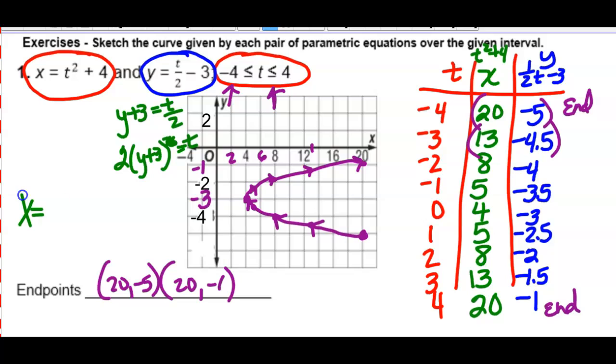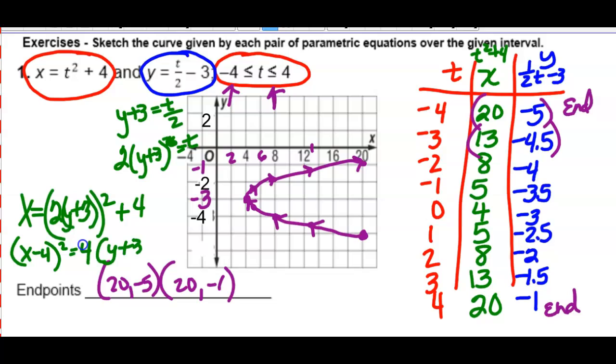So I have x equals 2 times y plus 3, quantity squared, add 4. So if I subtract 4 over to the other side, and I square both of these quantities, so I square the 2 and I square the y plus 3. Now I could divide by 4 onto the other side, and I have 1/4 x minus 4.